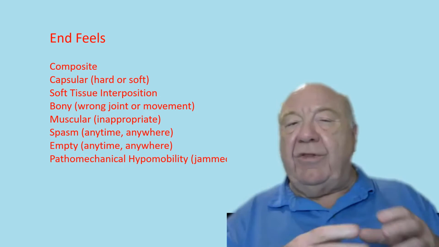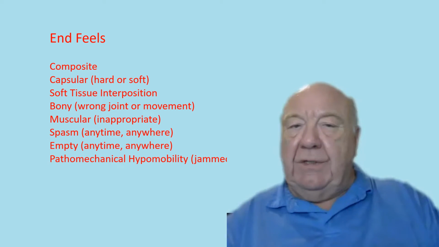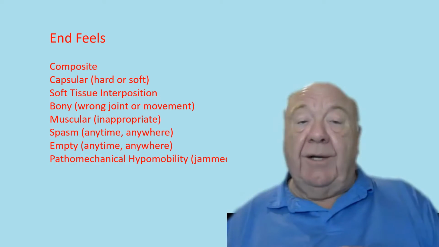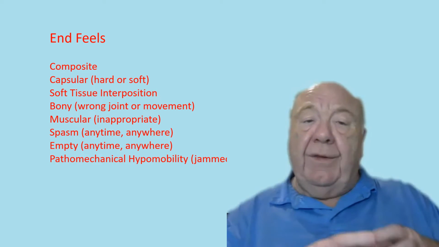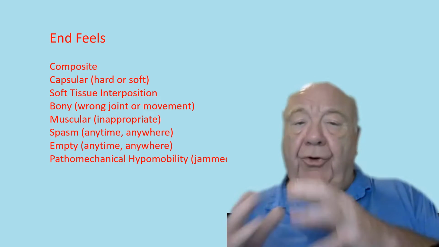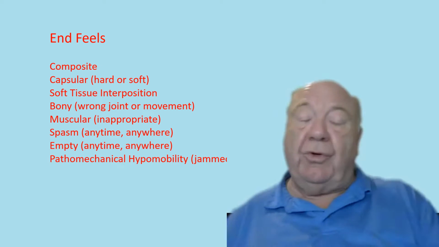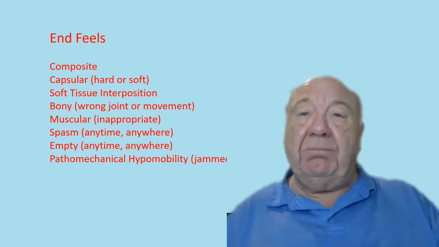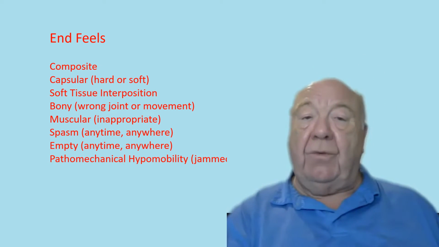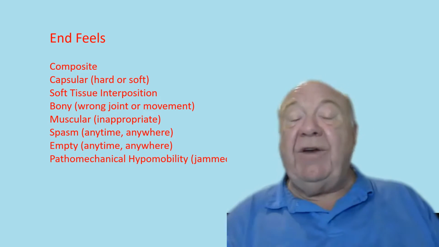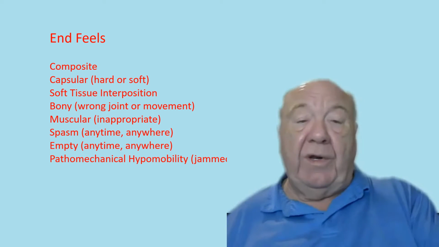Where the joint is dysfunctional, especially with limited range, that muscle doesn't really play a role. So composite end feels are the norm with normal joints, but are a little unusual in dysfunctional joints. In fact, it's usually much easier to feel a dysfunctional end feel, with the exception of hypermobility, than it is to feel a normal end feel.